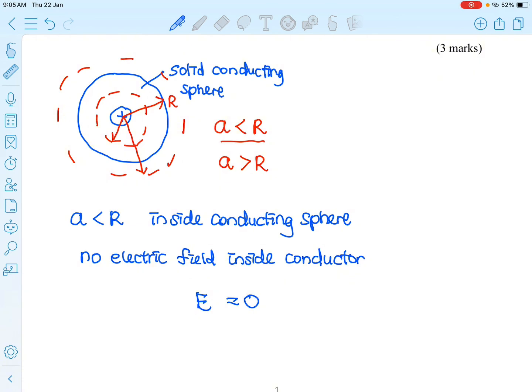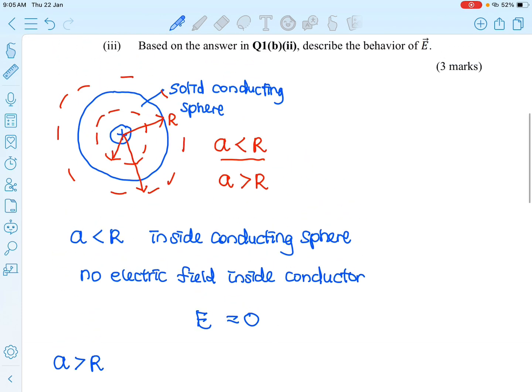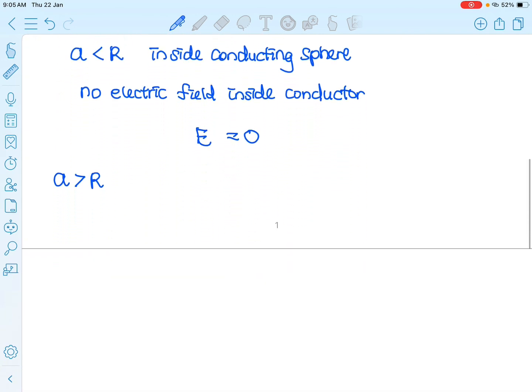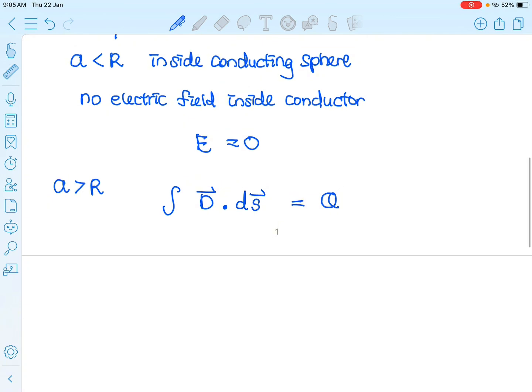Now we look at the second case, where A is greater than R. If we apply Gauss law, the total flux coming out from the Gaussian surface is equal to the total charge enclosed by the surface.